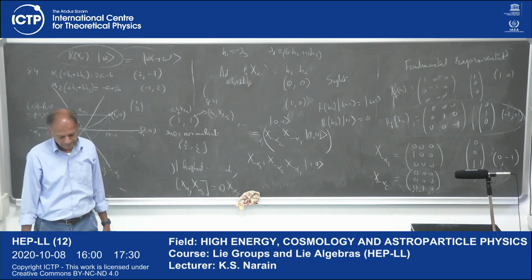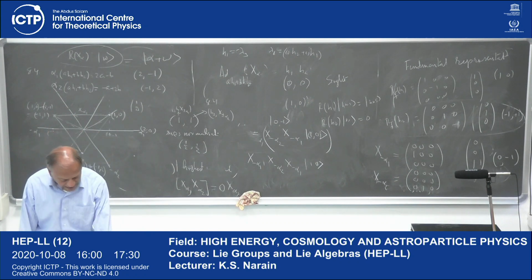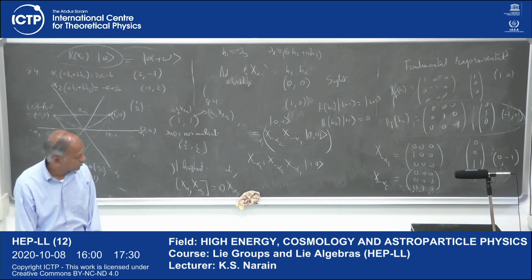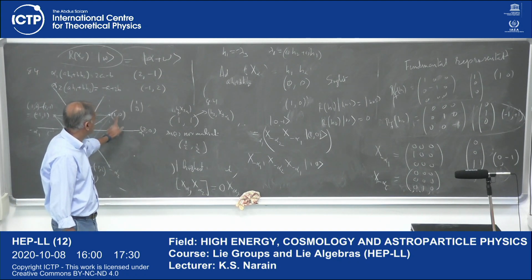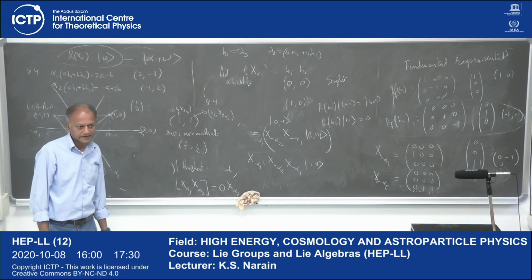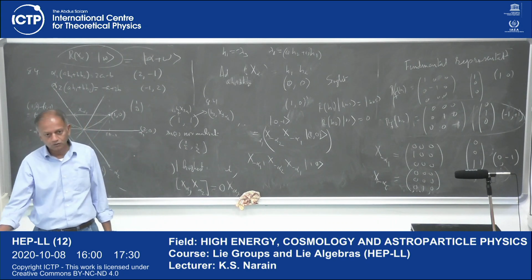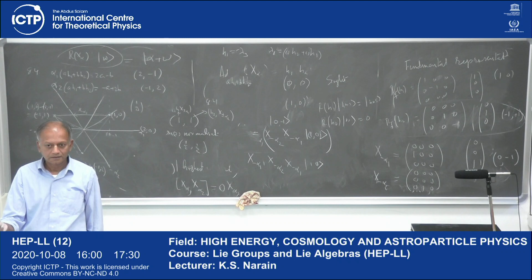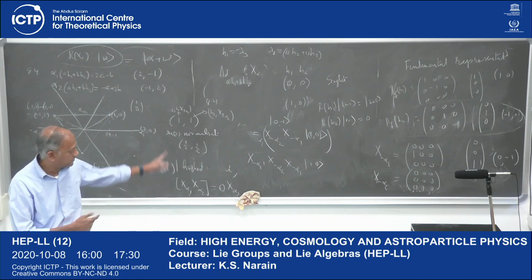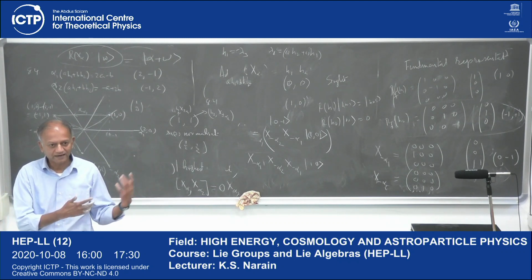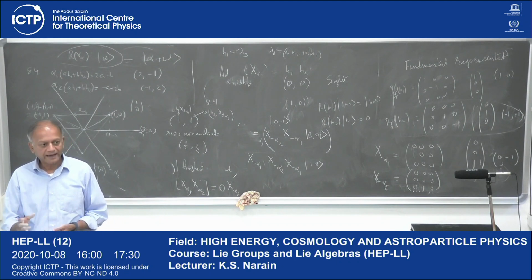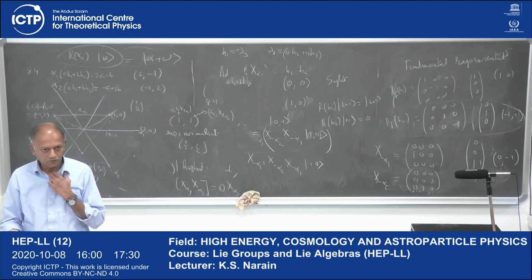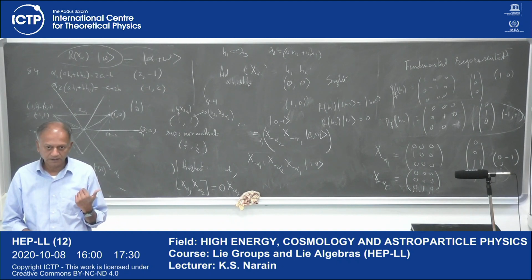The formulas for the dimensions of representations are given in the literature. Once you specify these two numbers, there is a formula which tells you the dimension. Just like for SU2, if you specify J, the dimension is 2J plus 1, which, if I call 2J as n, is n plus 1. There is a similar formula for SU3.